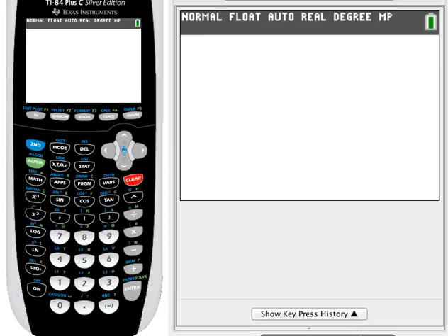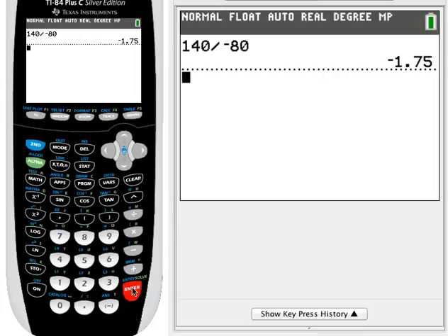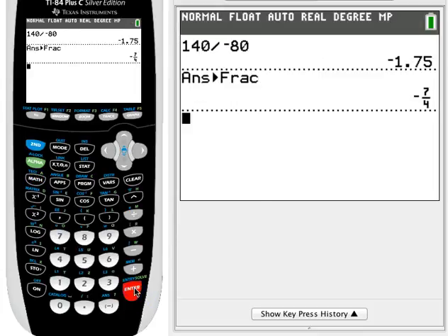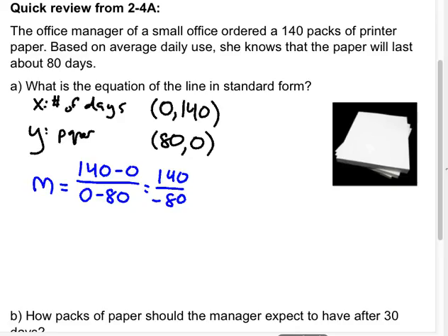Let's see what that as a reduced fraction is. So negative 7/4. Okay, so my slope is negative 7/4.